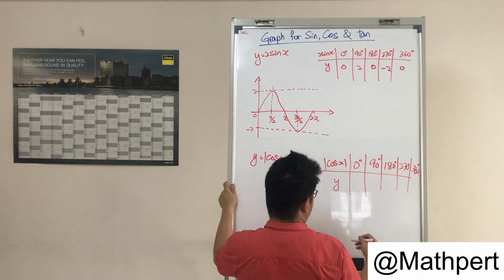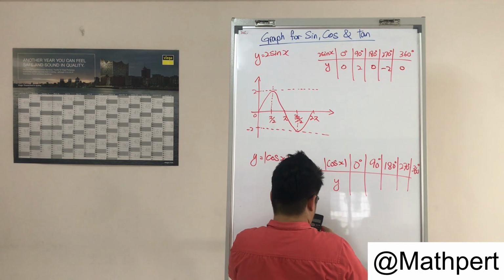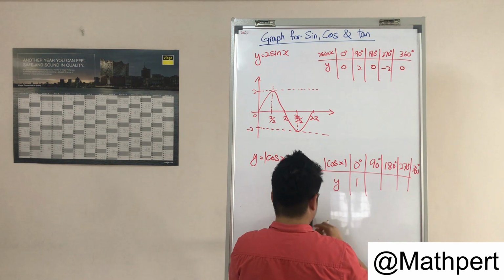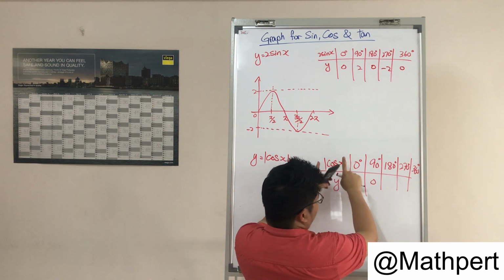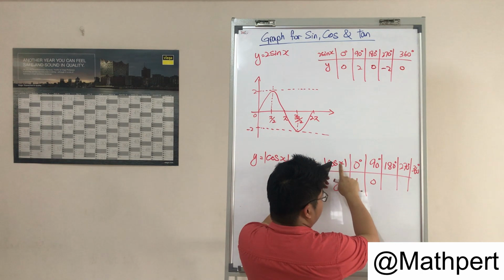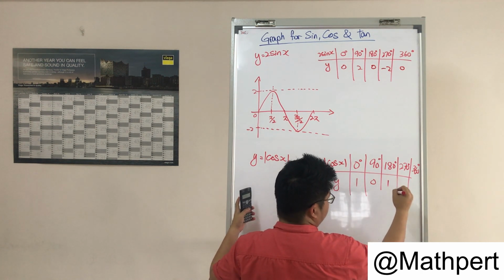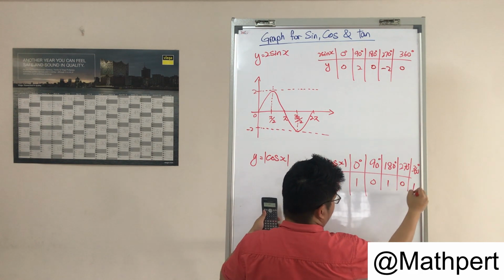So this is y. Cos 0 equals 1. Cos 90 equals 0. Cos 180, we get negative 1. But remember, we have a modulus here. All the negative numbers will become positive numbers. So negative 1 becomes 1. This is 0. This is 1.